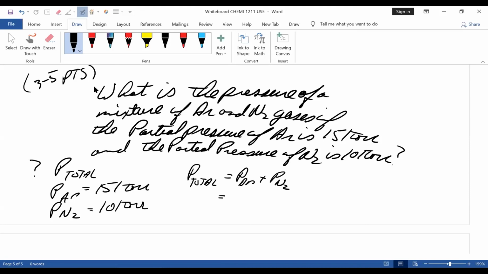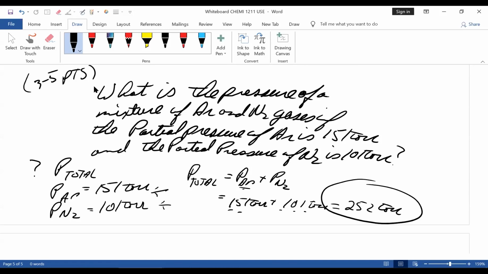And therefore, P argon is 151 torr, partial pressure nitrogen is 101 torr. And now I'm going to add this up in my brain and see if I can do it. I think I did it right. And this is your answer. And that's Dalton's law of partial pressures.